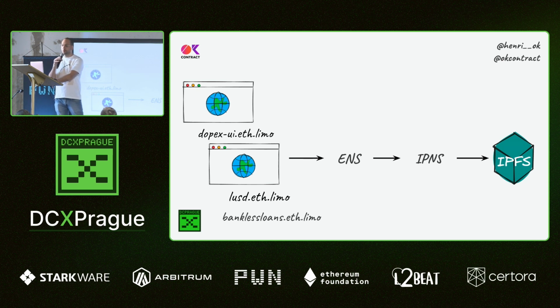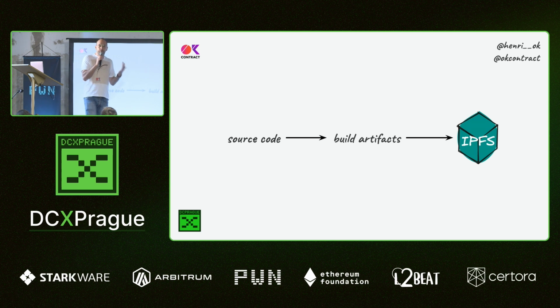But the question is, what do we put exactly on IPFS? What we put on IPFS is mostly the build artifacts. So you have your whole front-end code base, which is usually a complete mess of libraries and NPM dependencies. A bit more about this later.